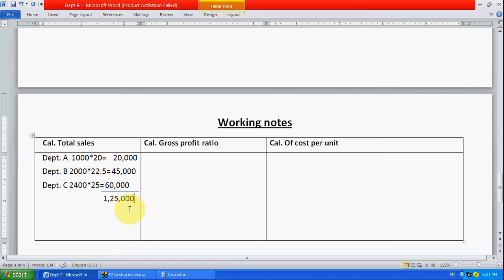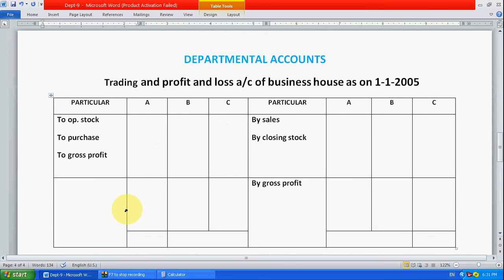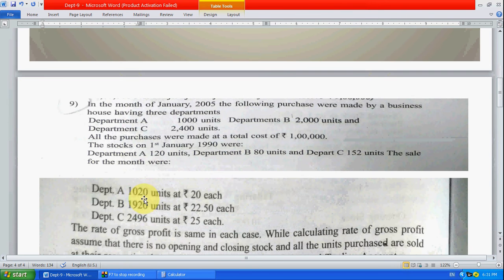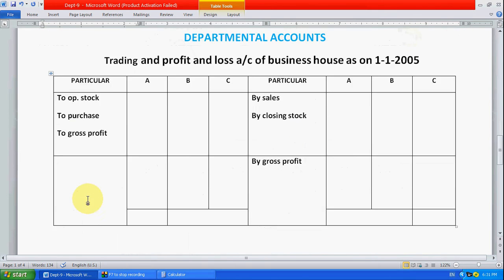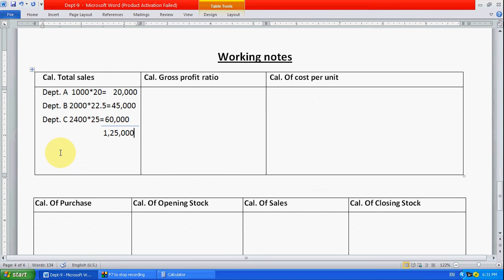So we got 1,25,000. But here it is mentioned that all the purchases were made at a total cost of 1 lakh. So we have to remove the purchase amount. Right here, minus purchase.